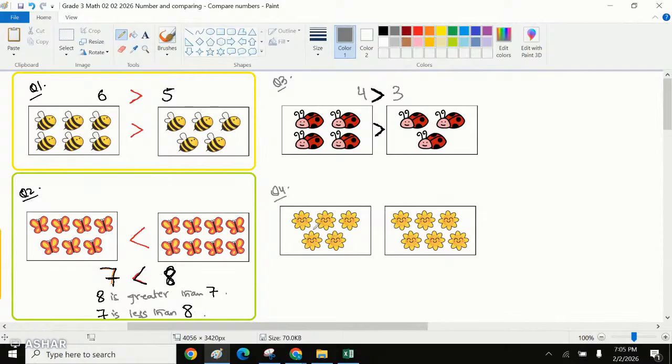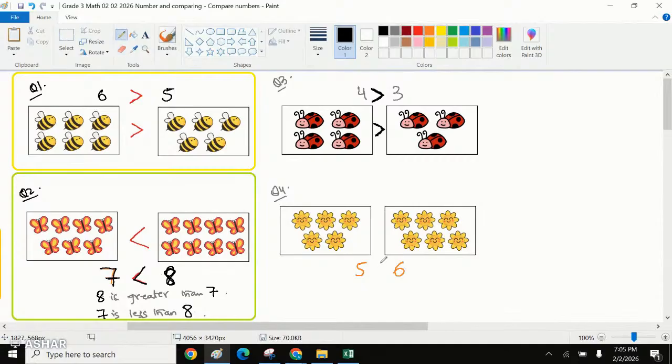For question number 4, if these were 1, 2, 3, 4, and 5 sunflowers, and these were 1, 2, 3, 4, 5, and 6. So can we say 5 is less than 6? The open end would always be towards the greater value. Do we agree?